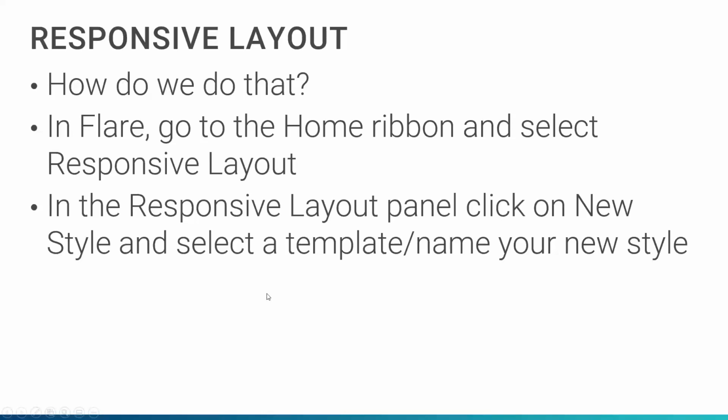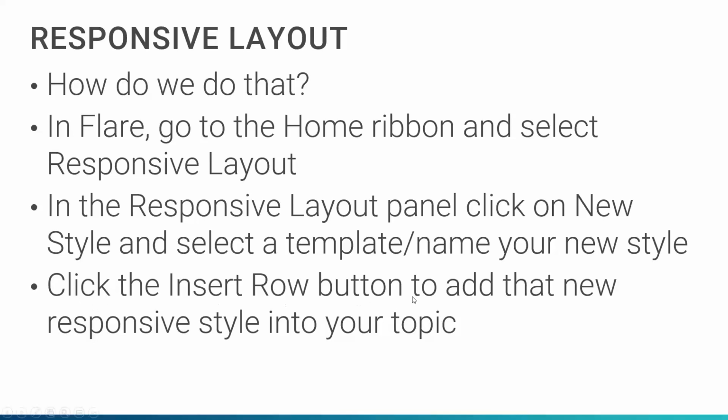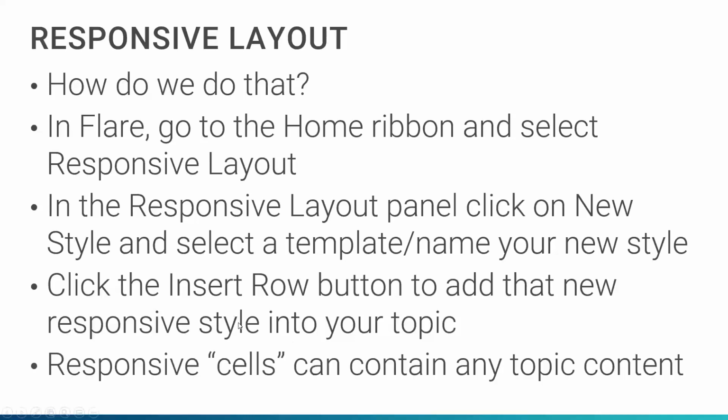We're going to choose the 6-6 template, the one that's side by side. Then we click Insert Row, and that responsive layout will be added to our topic. Now, once we have those cells, you can put any normal topic content into those cells. So that's description. Let's actually do it live.